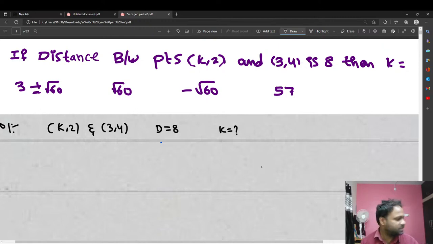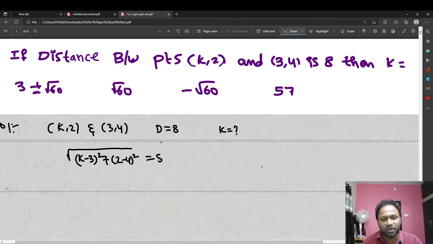What is the distance between two points? The distance is the square root of (x2 minus x1) whole square plus (y2 minus y1) whole square. That is nothing but the square root of (k minus 3) whole square plus (2 minus 4) whole square, which is equal to 8.